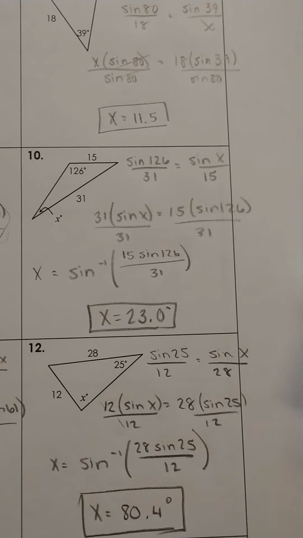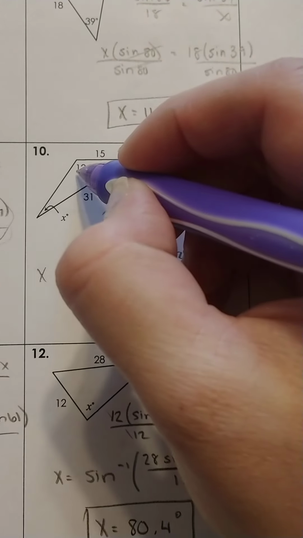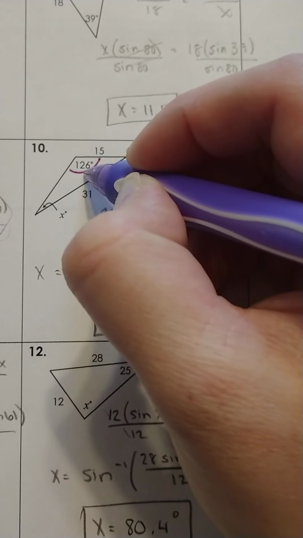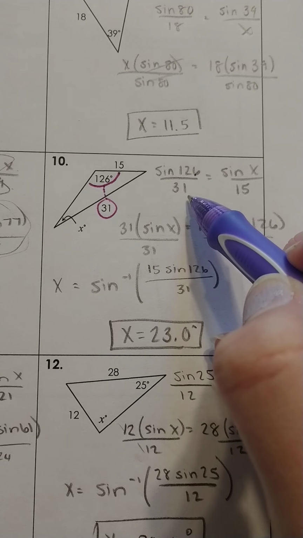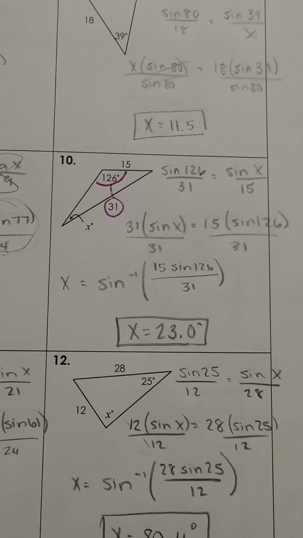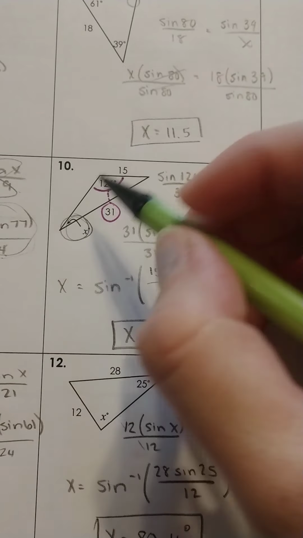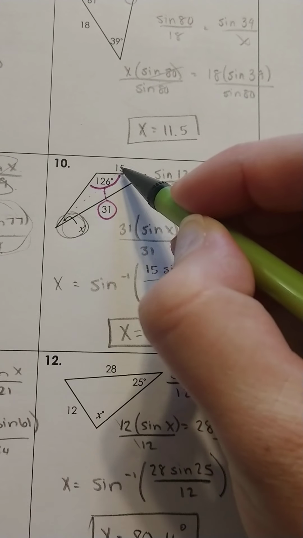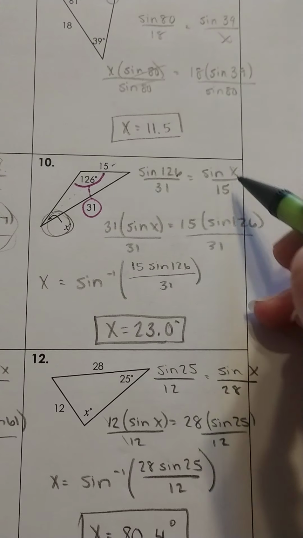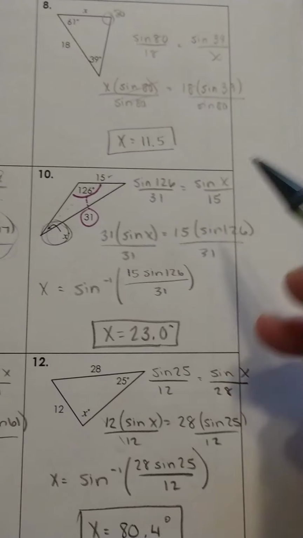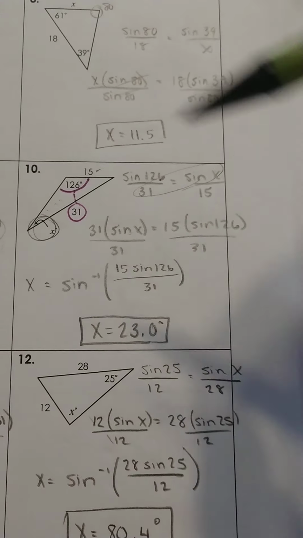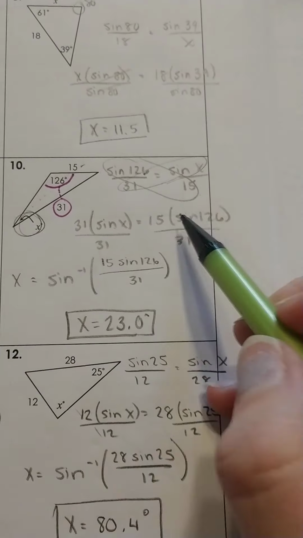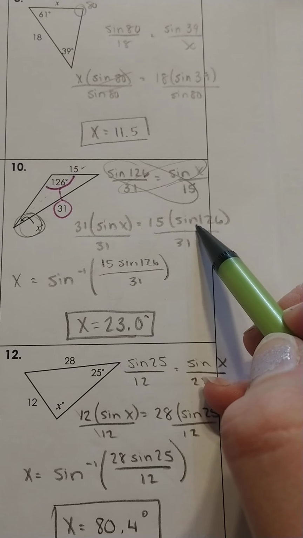So number 10, find your angle side pair. Well, my angle I'm given is 126, go directly across, 31. So sine of 126 over 31 equals, I'm looking for angle x, go directly across, and that's 15. So sine of x over 15. Again, we are cross multiplying, so 31 times the sine of x equals 15 times the sine of 126.